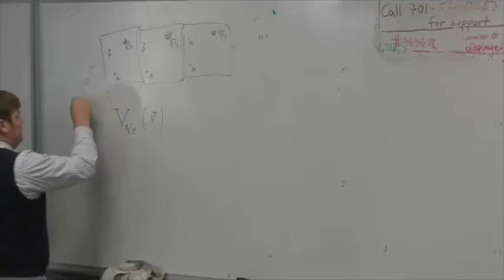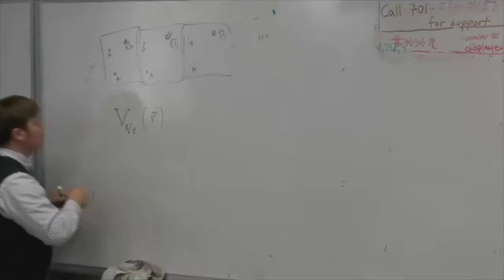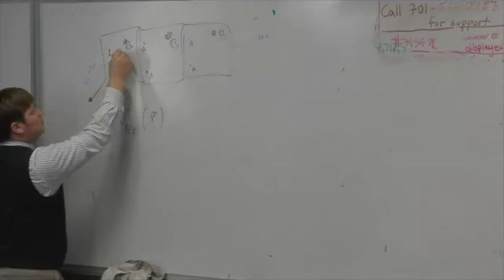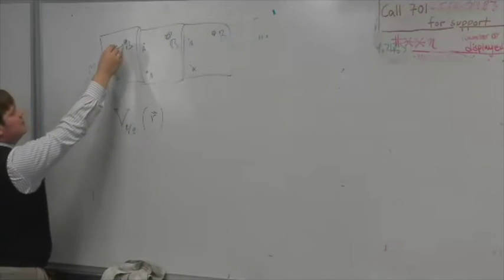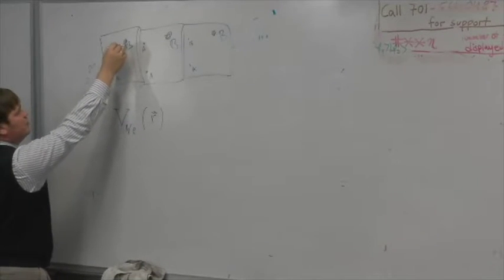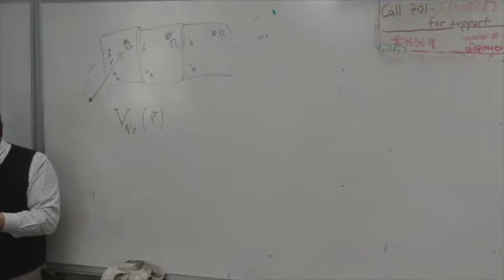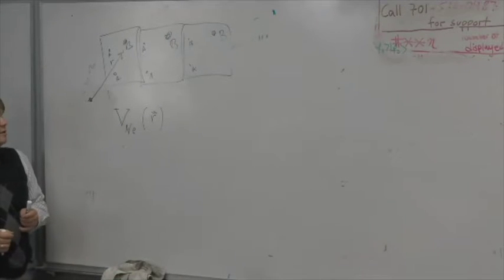Which means that if here is our origin, the distance from the ion determines the potential, the attraction that the electron is feeling from this ion.